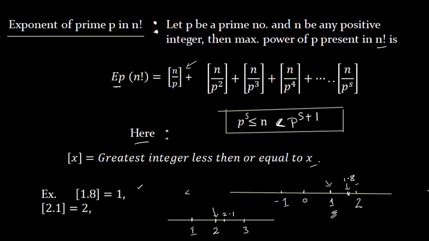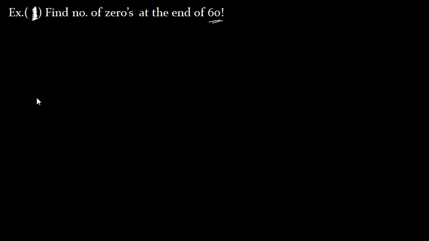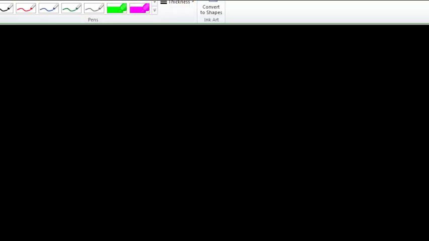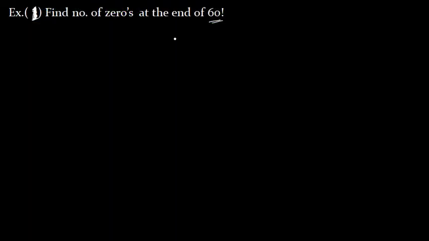Let us solve a couple of questions in order to understand this simple concept. Suppose we want to find the number of zeros at the end of 60 factorial. Remember, in order to find the number of zeros, we basically find the exponent of 5, because the exponent of 5 multiplied by the exponent of 2 produces the number of zeros.